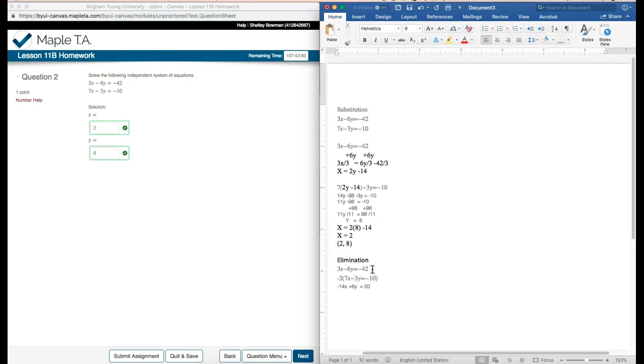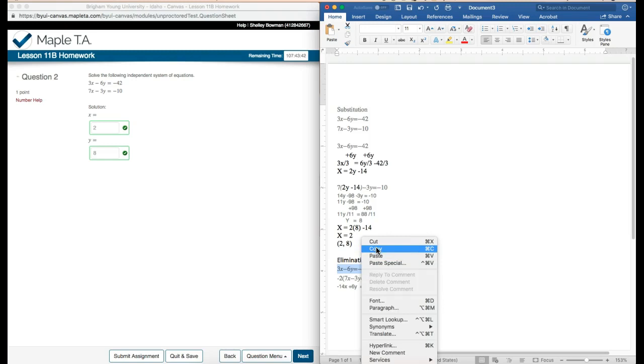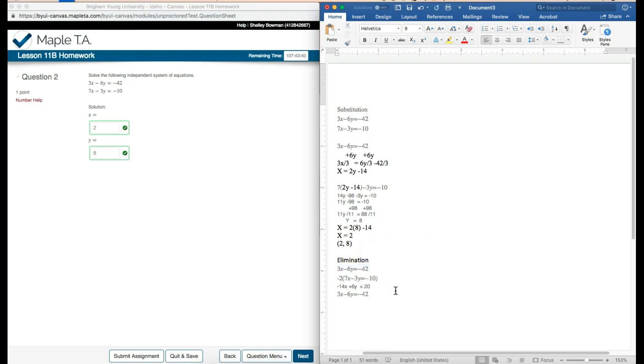Now, the reason I did that is because this equals this, and this equals this, and I can go ahead and add these together because they're balanced.